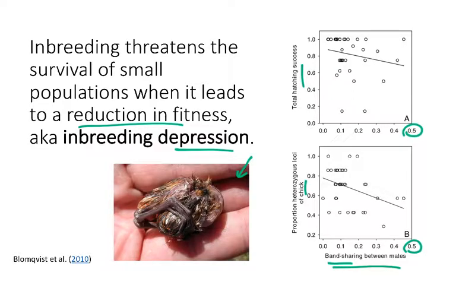If we look at several different fitness metrics, the total hatching success or the proportion of heterozygous loci in the chicks, there are negative correlations for both of those. Both of these are metrics of fitness. For both of them, the more related the parents are, the lower the fitness is. So this is evidence of inbreeding depression because we actually have evidence of reductions in fitness.